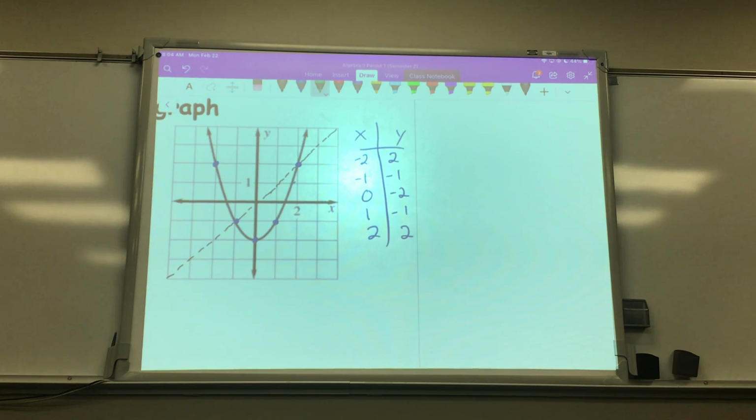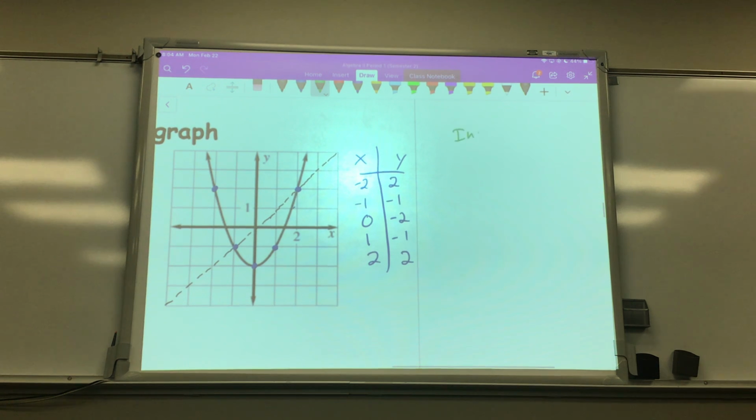Okay, so if I was to do the inverse now, we flop the input and output, right? So whatever I have in the x column, I'm going to put in the y. So negative 2, negative 1, 0, 1, 2. This y column is going to go into the x now. So 2, negative 1, negative 2, negative 1, 2.